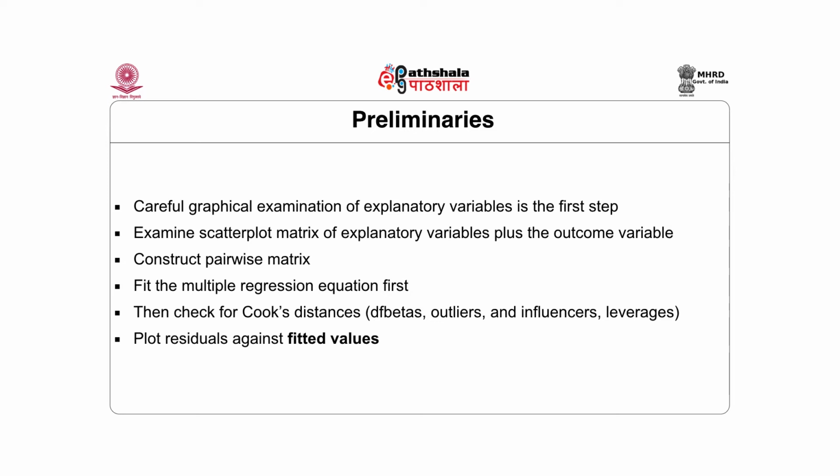So a careful graphical examination of the explanatory variables themselves is important. And it is not just an examination of the outcome variable with the explanatory variables, but the mutual relationships amongst the explanatory variables are also very important. One of the reasons why this is important is we have seen that in the previous simplistic example of a multivariate linear model.